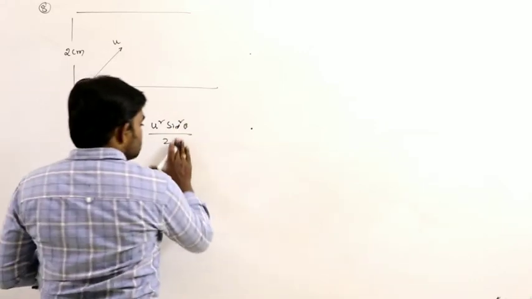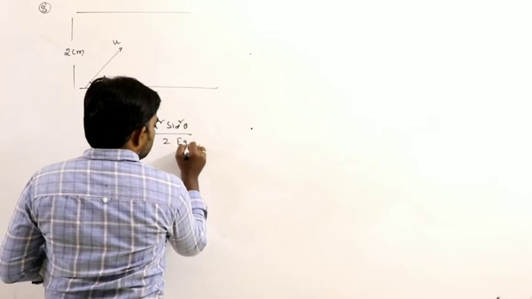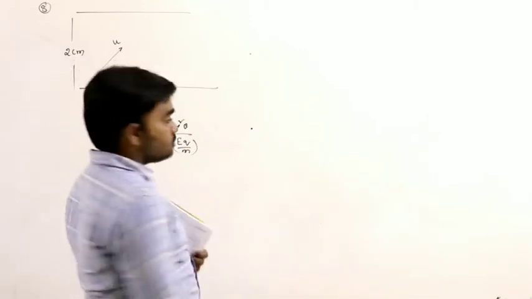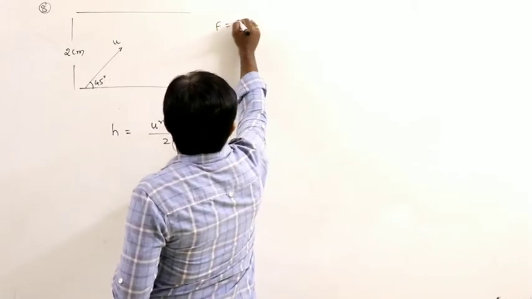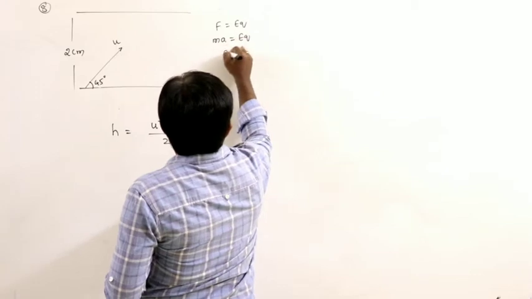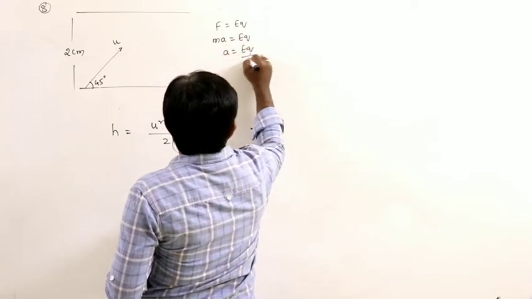But here g is nothing but Eq by m, because the electrostatic force is Eq, and force is ma, so acceleration is equal to Eq by m.